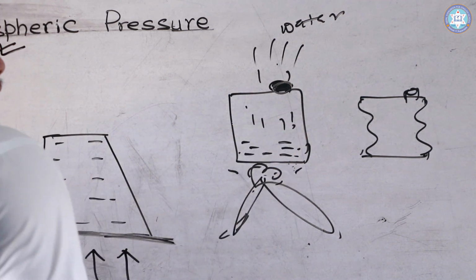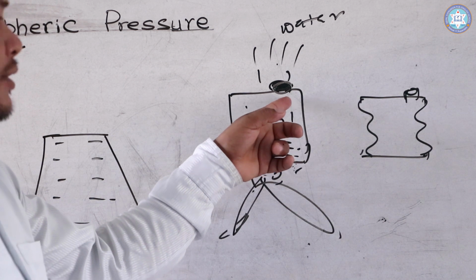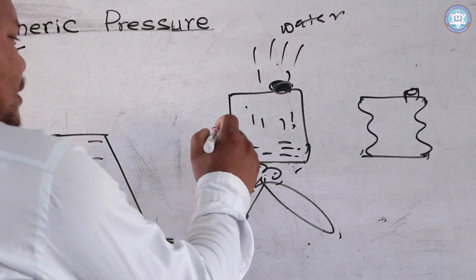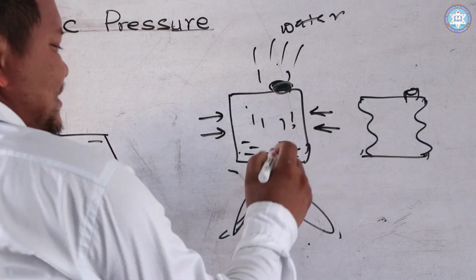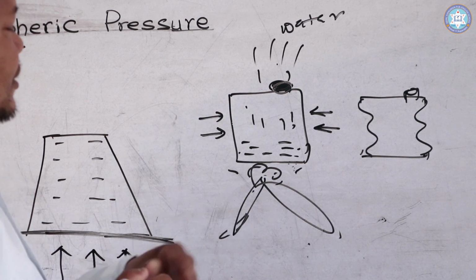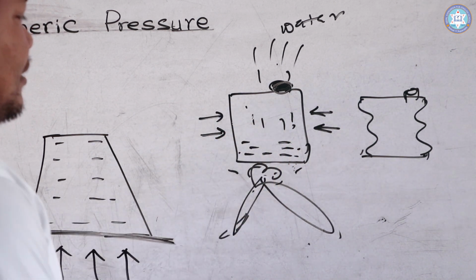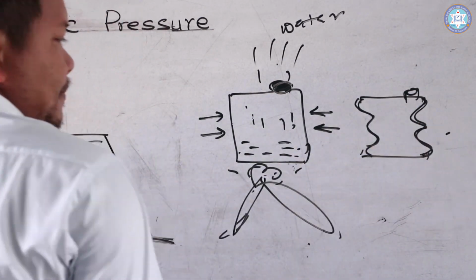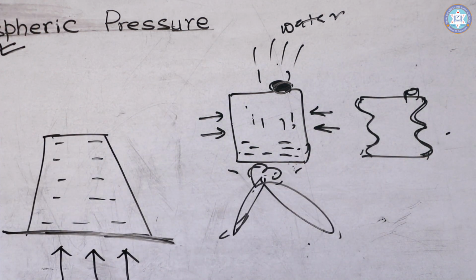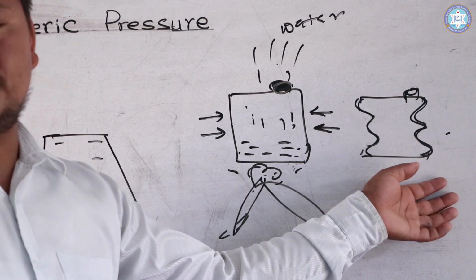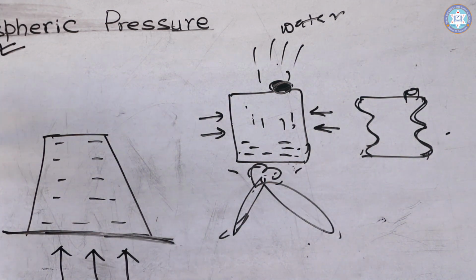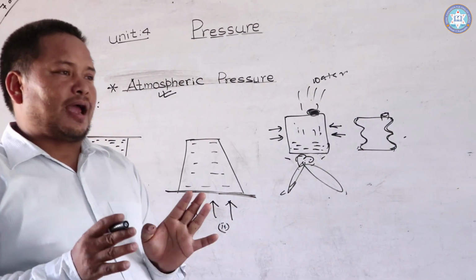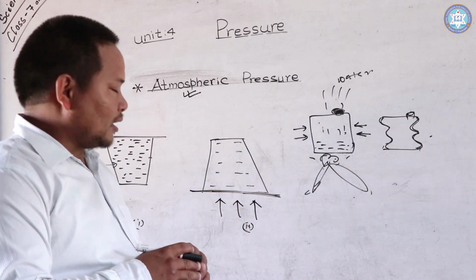Then when we close it with the lid, the pressure of the atmosphere outside is maximum compared to inside the can, and due to this high pressure it takes this shape. The can becomes such a shape. This is an experiment in which we can see that there is atmosphere on the earth.